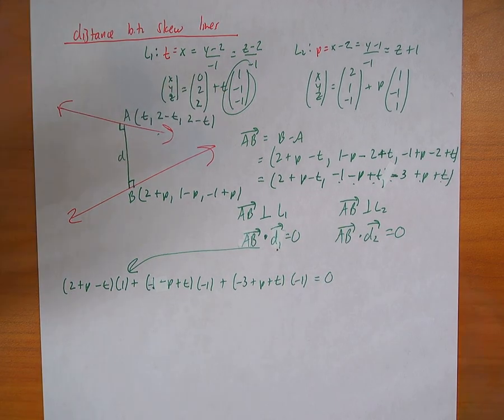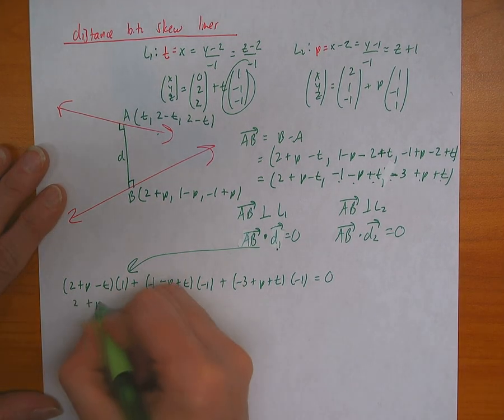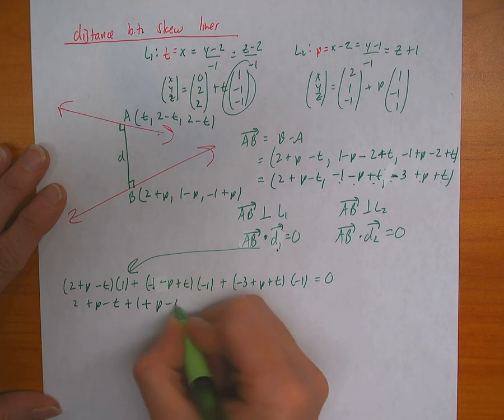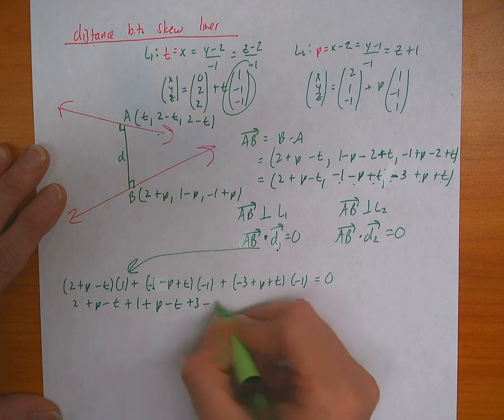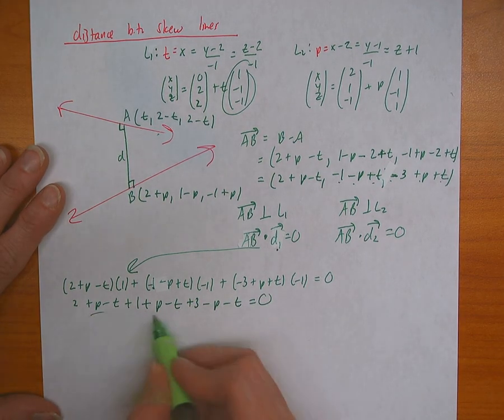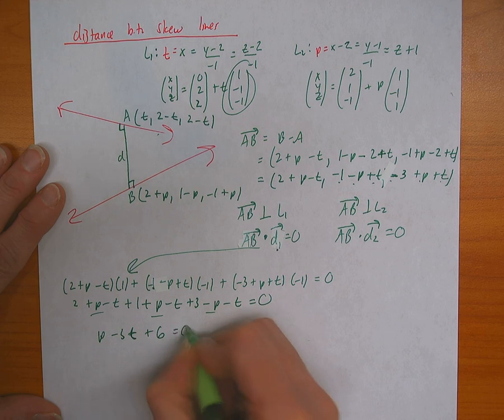And we know that that's going to equal 0. So now what we do is we simplify that as much as we can. Collect my like terms here. So I get p minus 3t plus 6 equals 0.